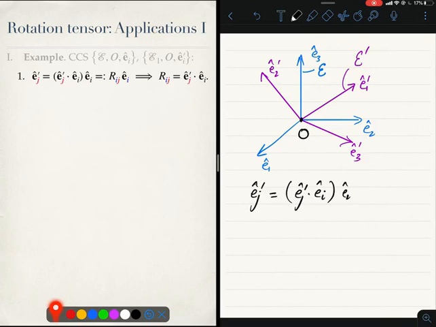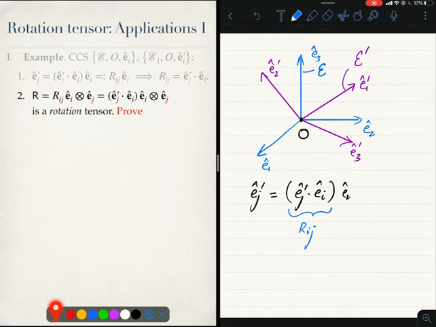Then I define Rij as Ej prime dot Ei. Now here is the crucial thing: I am going to prove to you that the tensor R with components Rij given by these is a rotation tensor.